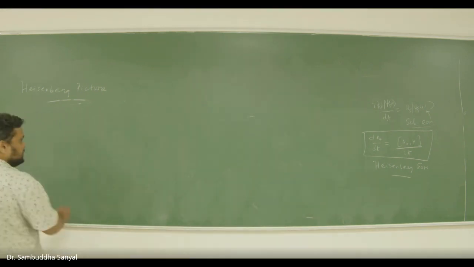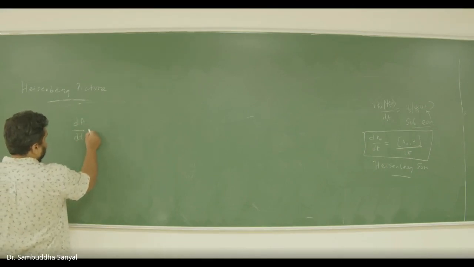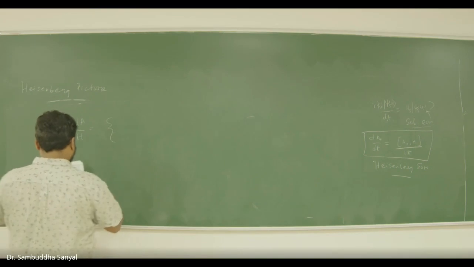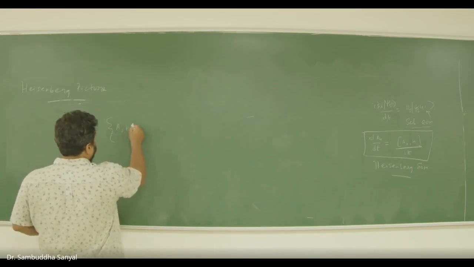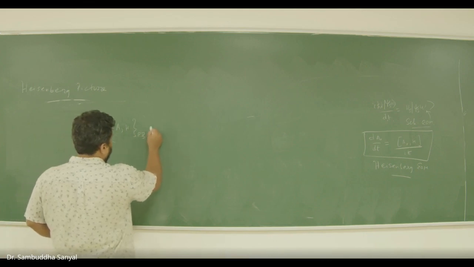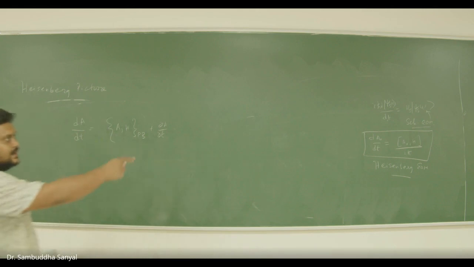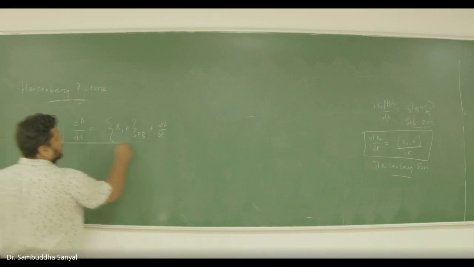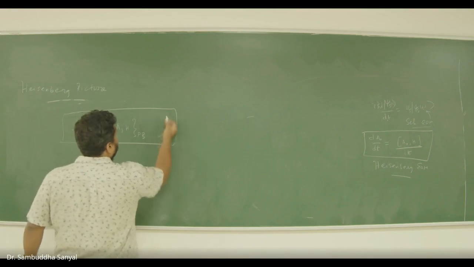Now you have seen this before in classical mechanics. You have seen this object called the Poisson bracket. This is the same thing as that. So for the sake of generality, I drop this part.